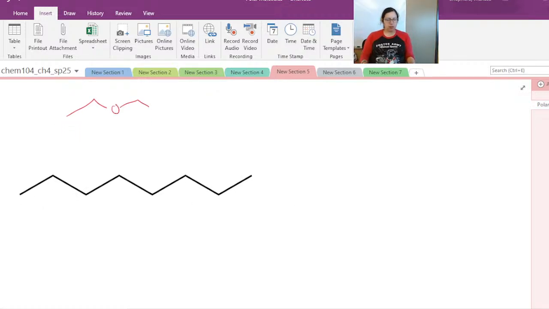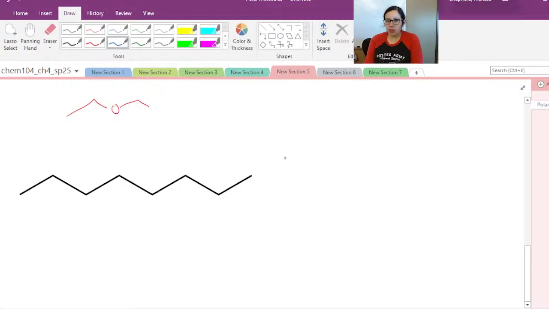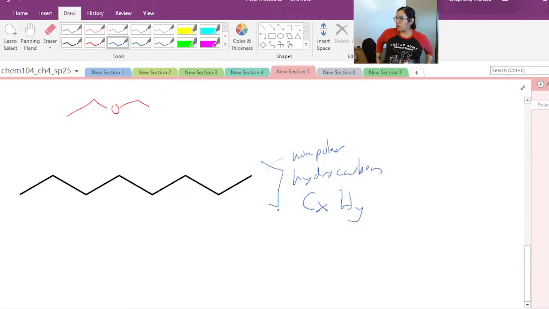I just picked a hydrocarbon chain. The other thing you're noticing is that anything with just a bunch of CHs is probably going to be nonpolar. This is called a hydrocarbon, AKA just some sort of CH formula, so there are no groups in it. And yeah, that could go into fats too.